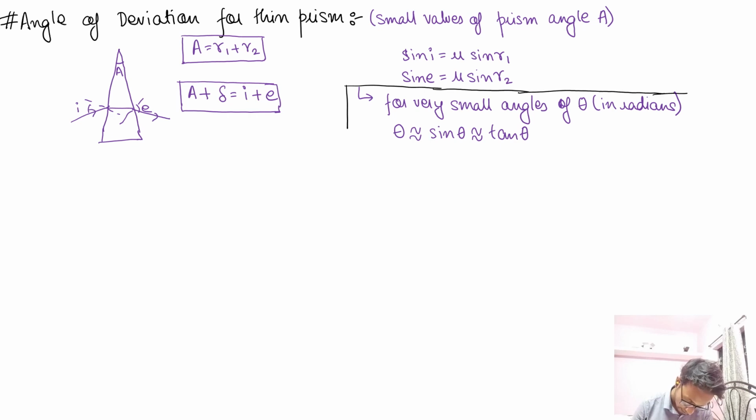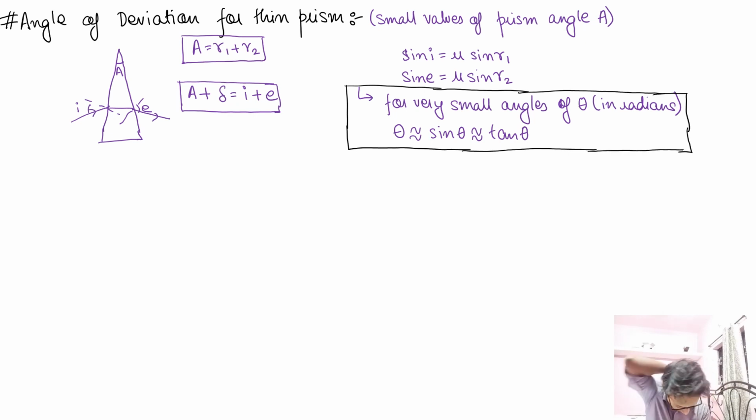Now see, R1 is small and R2 is also small, so sine I is also small. So sine I can be approximated as I, and mu times sine R1 can be approximated as mu times R1.